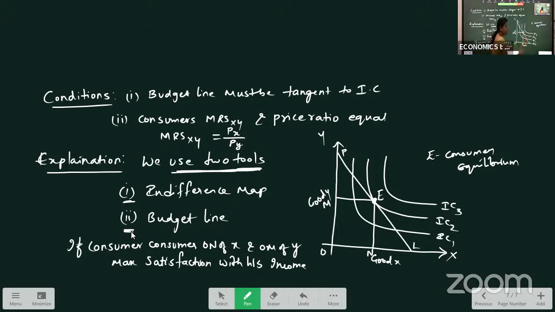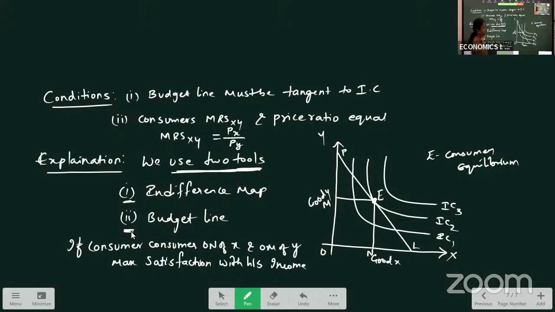The budget line shows what our income is, and with that income what combination we can purchase. Satisfaction is shown by indifference curves, and my income is shown by the budget line. So with that income, how much satisfaction am I getting? I will try to maximize my satisfaction here.